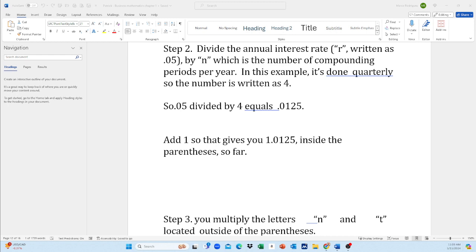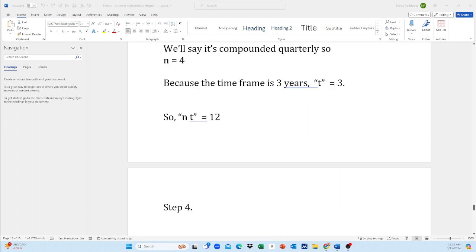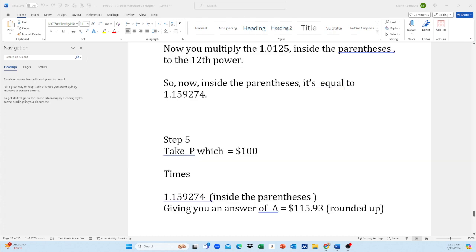Step 3. You multiply the letters N and T located outside of the parentheses. We'll say it's compounded quarterly, so N equals 4. Because the time frame is 3 years, T equals 3. So NT equals 12. Step 4. Now you multiply the 1.0125 inside the parentheses to the 12th power.